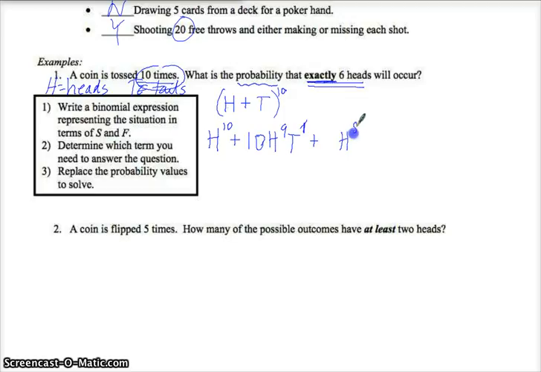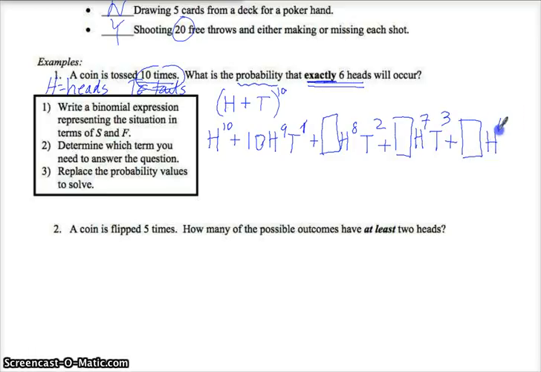It would be h to the 8th, t to the 2nd with a new coefficient, plus a new coefficient, h to the 7, t to the 3, plus a new coefficient, h to the 6, t to the 4th. So remember, these exponents always need to add up to 10. 8 plus 2 is 10, 7 plus 3 is 10, 6 plus 4 is 10. Well, I'm stopping here. Why am I stopping here?